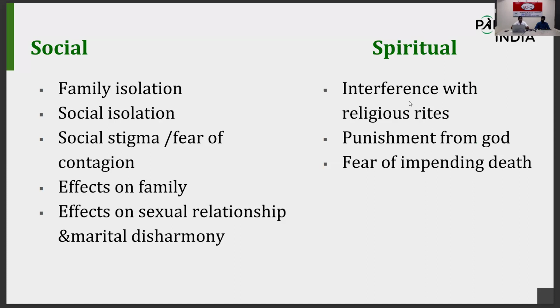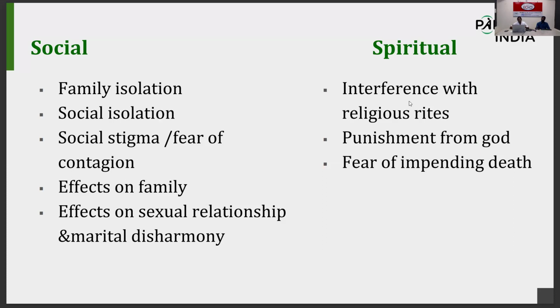We know if there is a person with a fungating wound, most probably they will not come to the front of the house or sit out like that. They will always be in a room. And some of them believe that fungating wounds are contagious and if we visit there, it will spread to us.